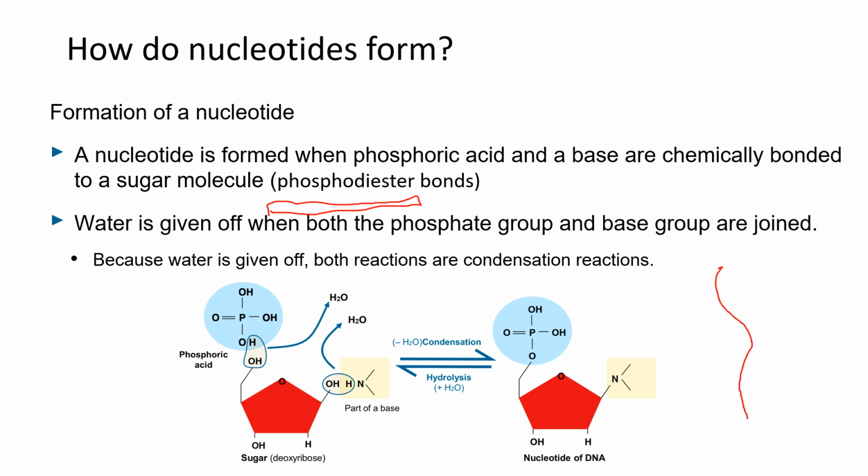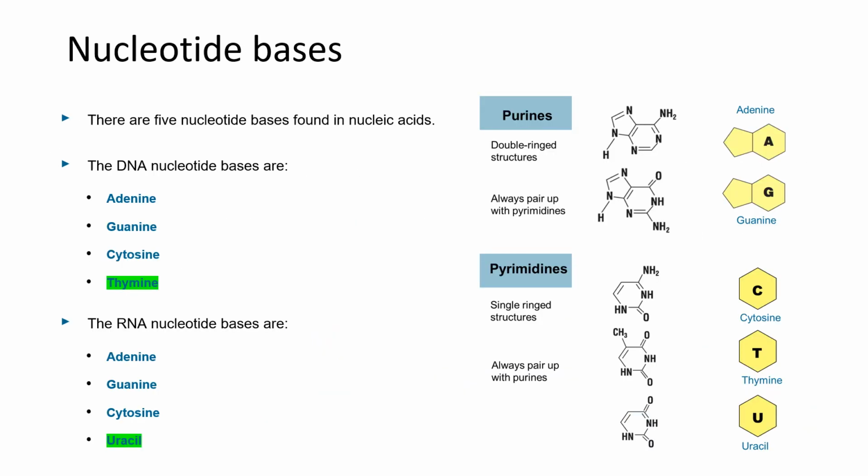When we look at DNA, and this is a really bad drawing, this backbone here is formed and connected by phosphodiester bonds. That's how these are chemically bonded together, which is going to be important when we look at how DNA unwinds and breaks apart a little bit later on.